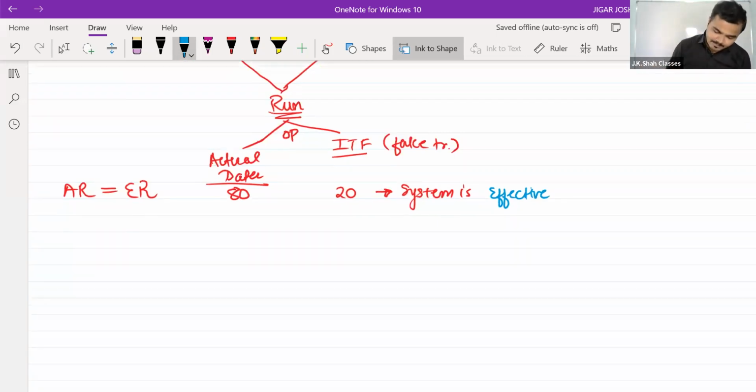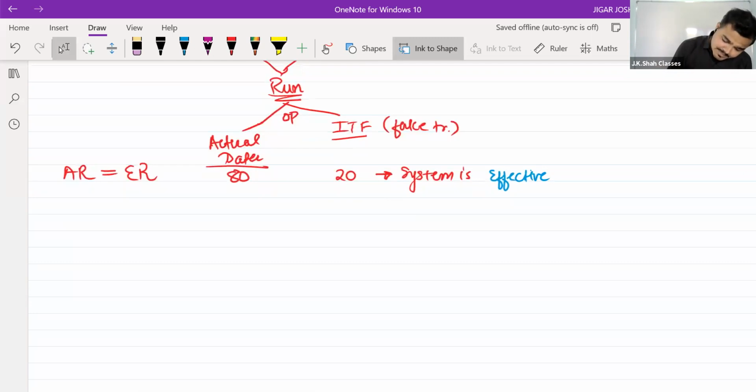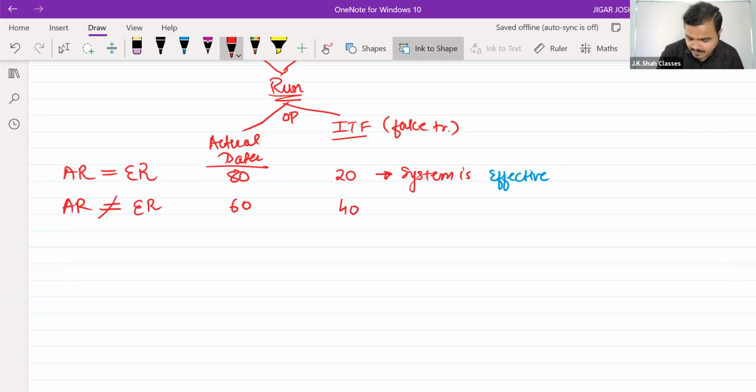Second most important thing, people. Now please concentrate. Suppose, my dear child, your actual result is not at all matching with your expected result. Your system is showing that 60 are actual transactions and 40 are fake, even genuine transactions are shown as fake. Or else the opposite: the system says 100% actual data and there are no fake transactions at all. So your expected output is not matching with what?